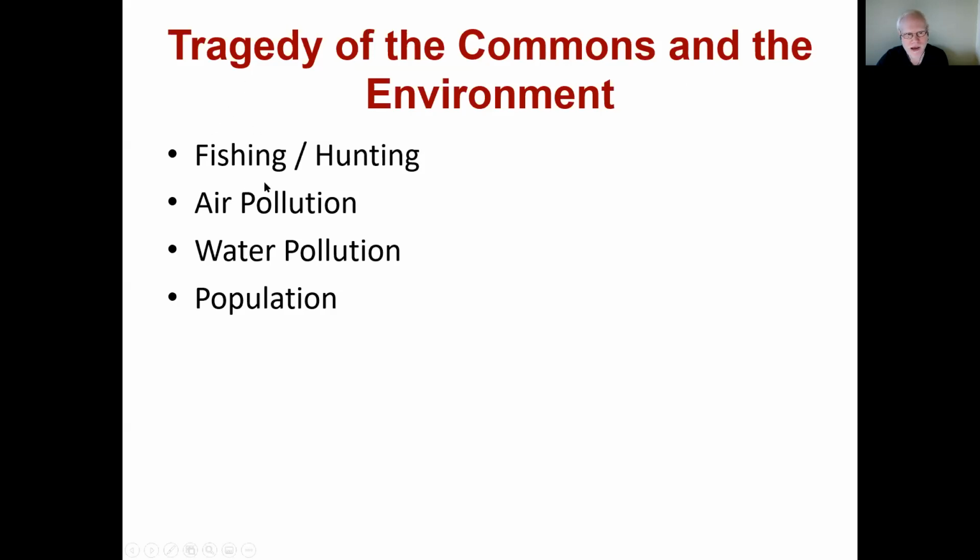If you overfish, right? If the oceans can only sustain a certain amount of fishing, but one country overfishes, it gets all the benefits and the costs are spread across everyone. Same thing with hunting, air pollution and water pollution. The benefits of polluting, often through industry or agriculture, go fully to the polluter, but the costs are spread across multiple people.